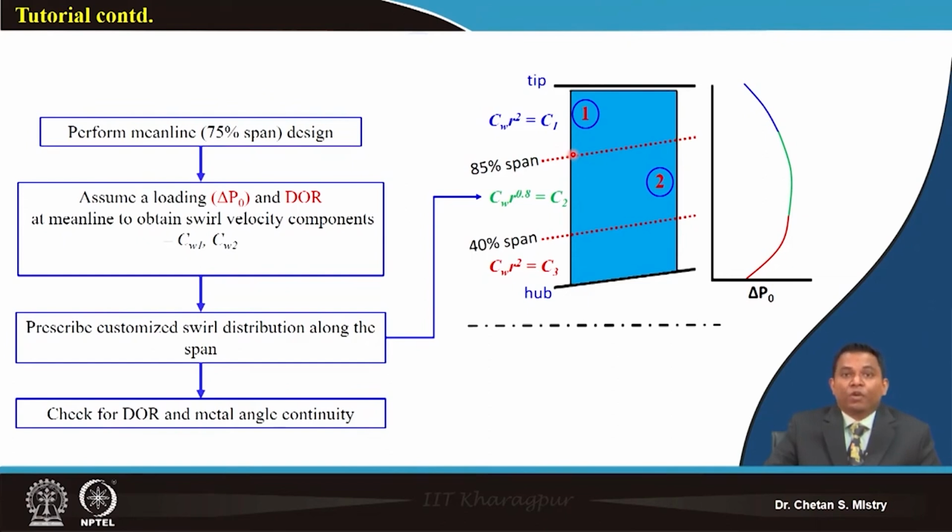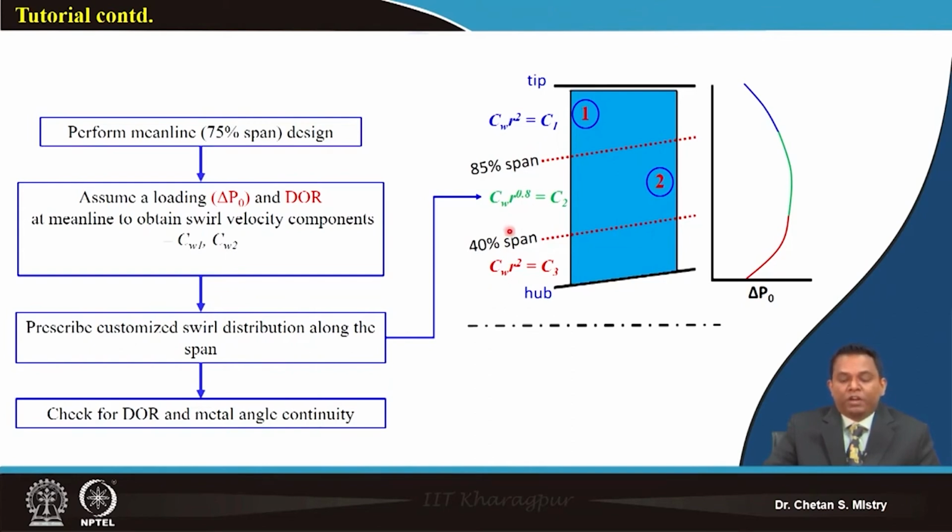Now what it says is, we need to load our hub and tip in order to have lower loading in that particular region. In order to have that kind of configuration, we will be assuming from hub to 40% of span, my distribution will be Cw into r square equal to constant.